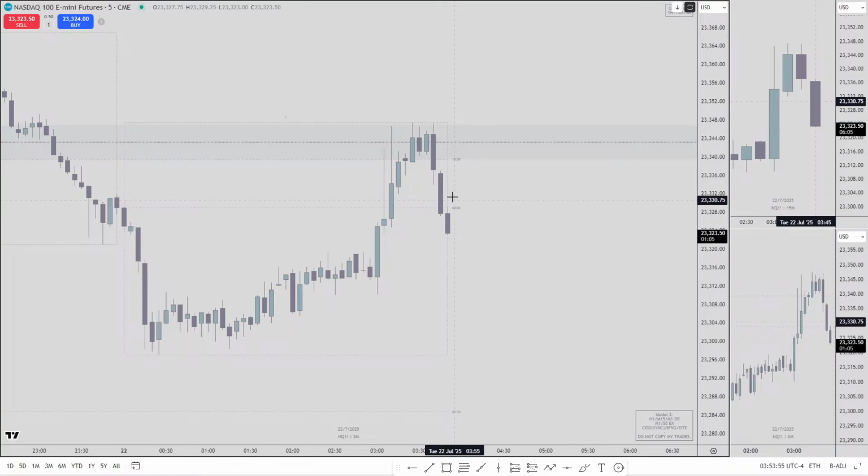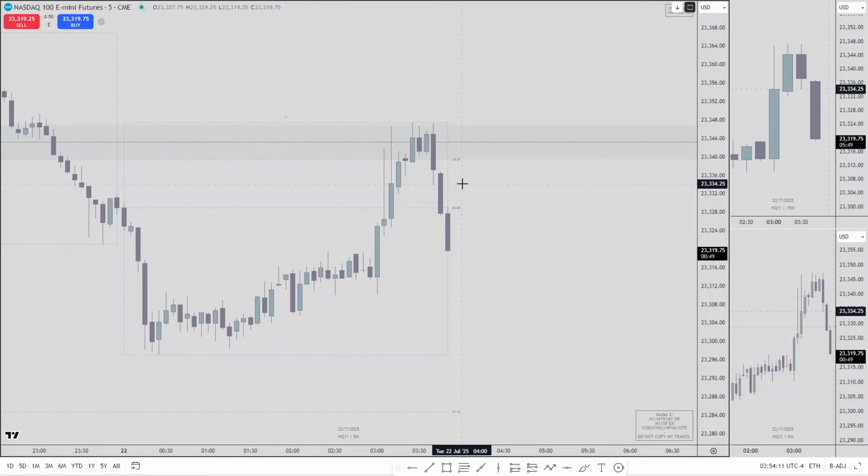Therefore I need to wait for a confirmation. Usually the easiest setup is when the 4 hour, 15, 5 and then the 1 minute are bearish altogether. That would be the easiest to trade. But in this current scenario, it's sort of like a clash, I would say.